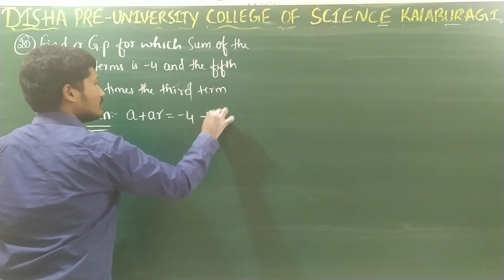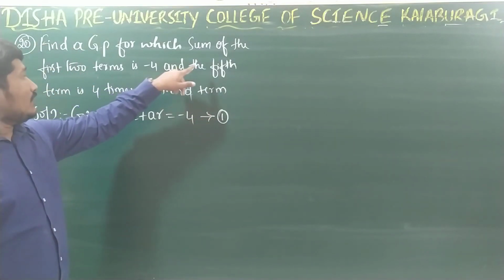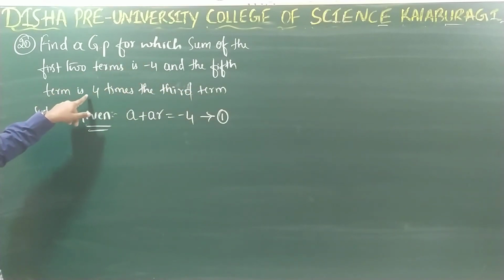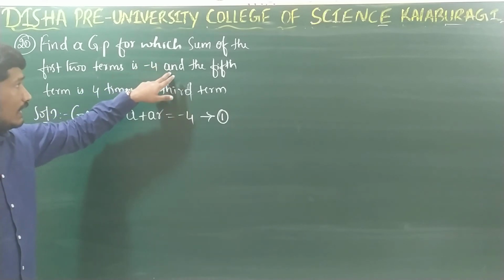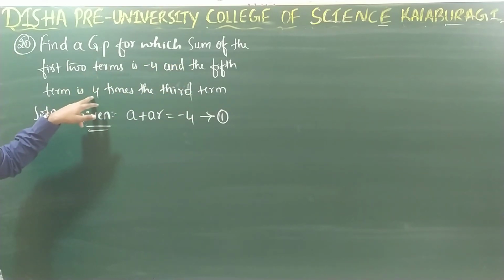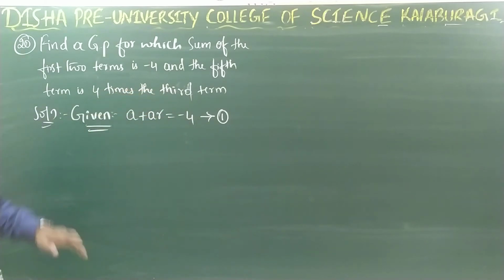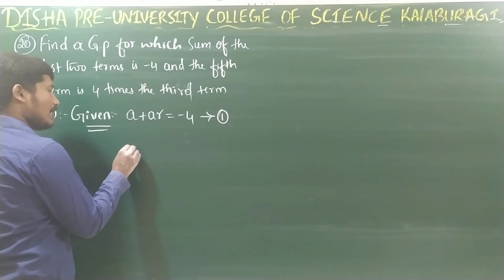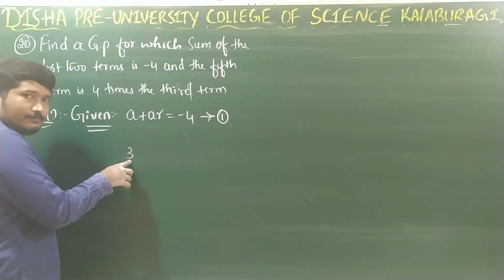Let us consider this as 1. And the fifth term is 4 times the third term. So what is the meaning of this condition? See, for example, consider that the third term is equal to 3, right?